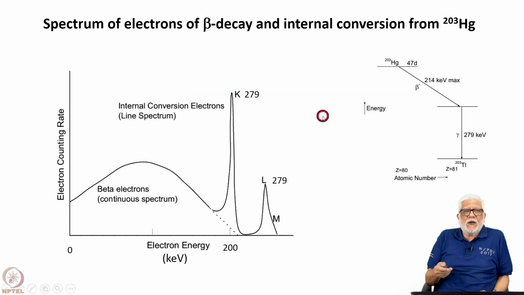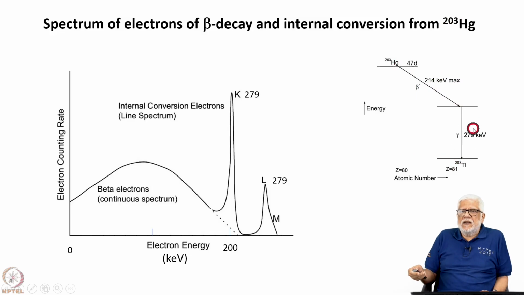So, typically the spectrum of electrons in beta decay and internal conversion, as say for instance in 203 lead, which decays by beta minus emission, and the maximum energy is 214 keV. So, it mainly goes to the excited state, and then that decays by 279 keV transition.